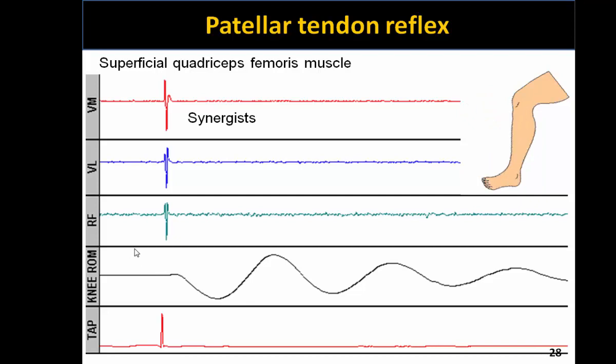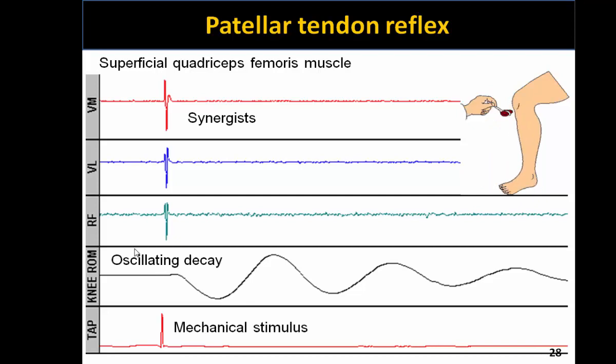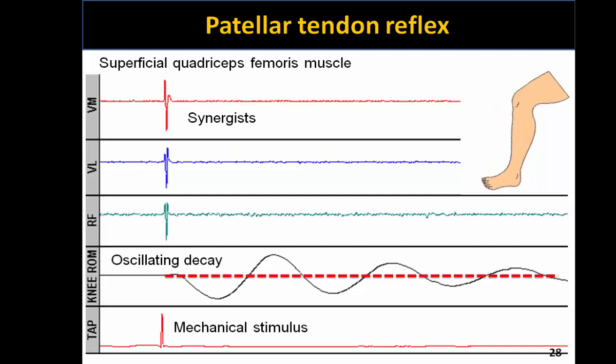And so this was sampled from the same synergists with the mechanical stimulus, and of course we see what's called an oscillating decay of knee position or knee range of motion, where it results in this extension followed by a flexion, and the leg will continue to swing until it no longer swings, much like a pendulum.